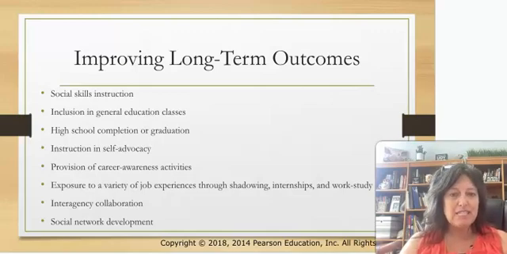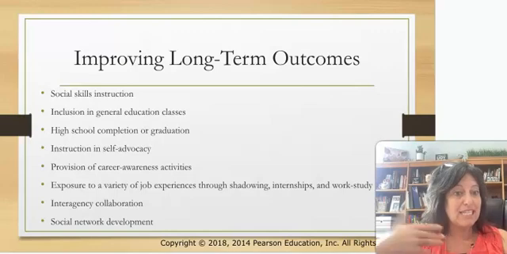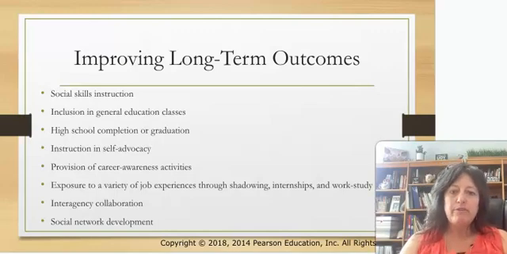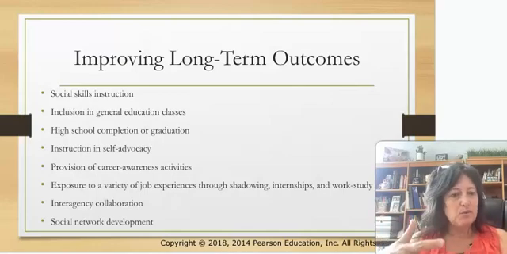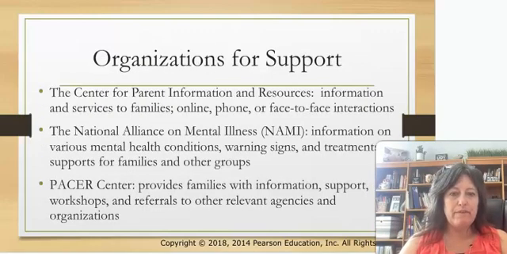Instruction in self-advocacy, how to know what you need and how to express what you need. Provision of career awareness activities, so letting them know all the different jobs and things that are available for them. Integrating interagency collaboration, so you're working with the school and mental health departments and job training to work with these students, and social network development, getting them a group of friends.